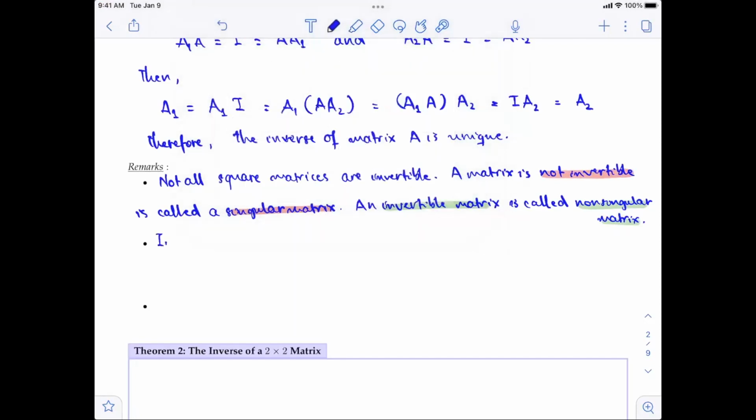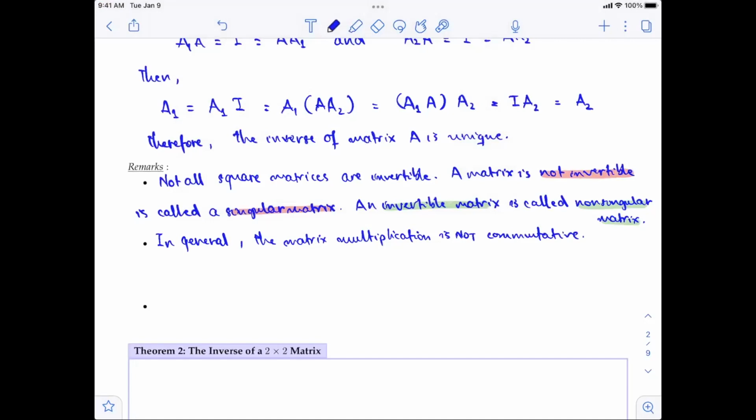In general, matrix multiplication is not commutative. It's not commutative. Right, so we know that fact at this point, right?